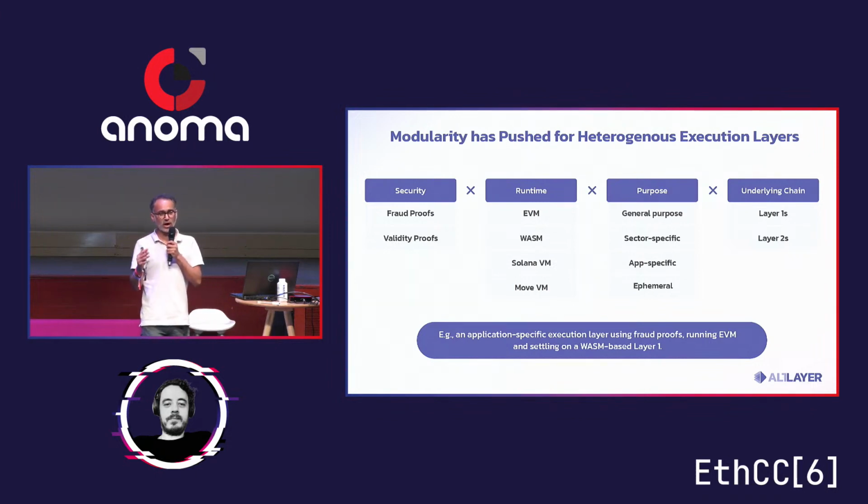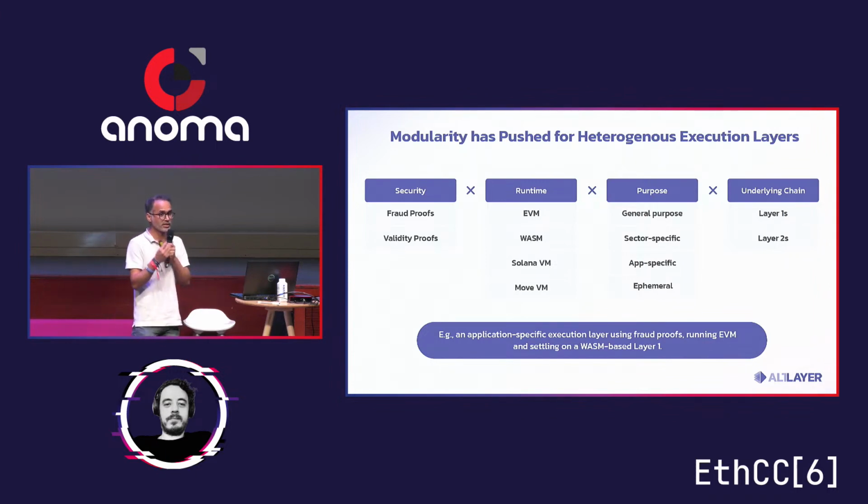For example, you could say, "I want an execution layer that relies on fraud proofs, or that relies on validity proofs." You could imagine different types of runtimes because you are no longer bound by EVM. You could say, "I want a fancy WASM, or I want my own VM because I think it's highly parallelizable." So you could experiment with all sorts of runtimes on this execution layer and have your base chain like Ethereum for your DA needs.